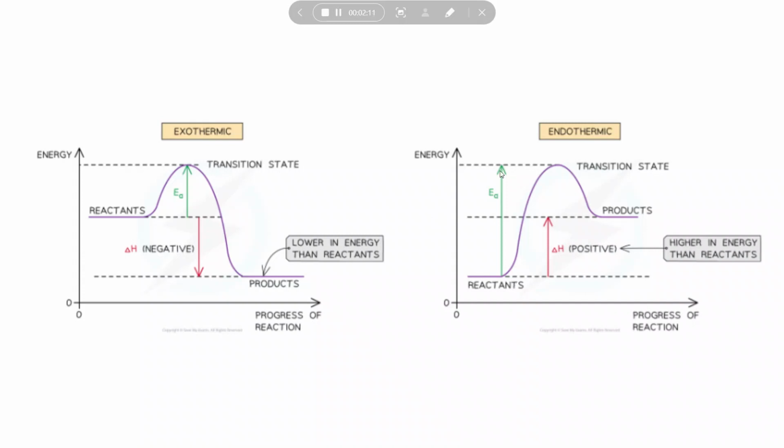This would be the activation energy. And the enthalpy change would be the difference in energy between the reactants and the products. You can see how the enthalpy here for exothermic reactions is negative, and for endothermic reactions, the enthalpy is positive.